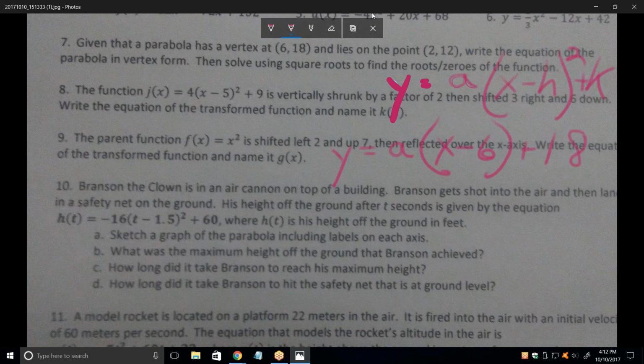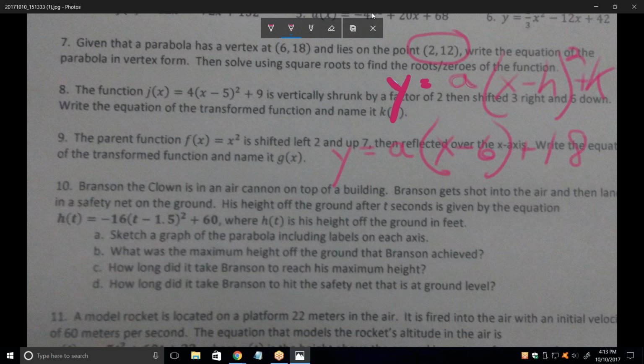Now they also tell me that that point lies on the parabola. And for a point to lie on the parabola, it has to satisfy the equation. What we're really trying to solve for at this point is a. Well, if I substitute that point in for x and y, the only variable will be a, and I'll be able to solve for it.